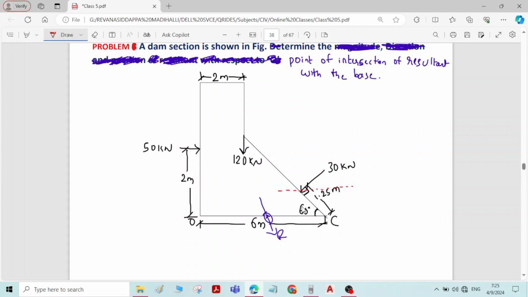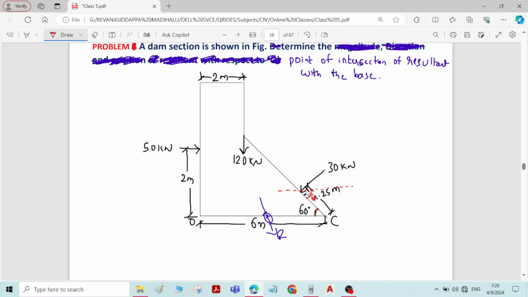Whatever angle 60 we have here, the same angle 60 will be there here, but the 30 kilonewton force is making an angle with the inclined plane of the dam.